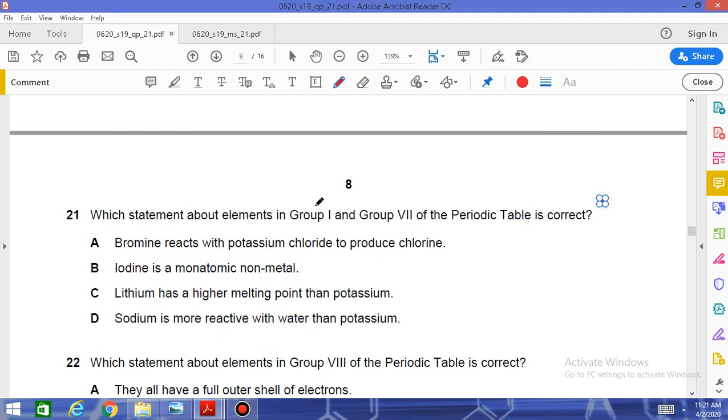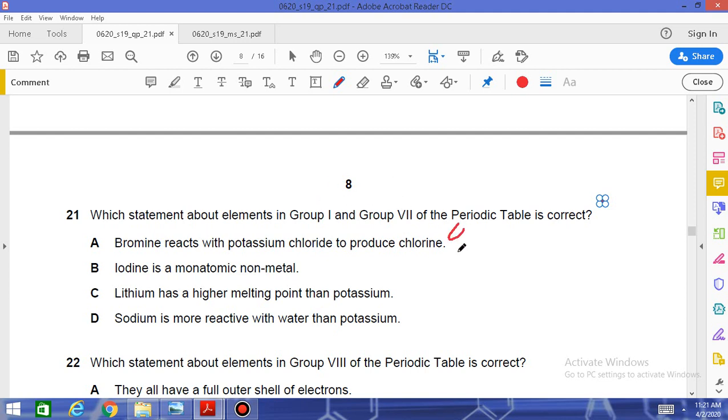Okay, let's try to answer question number 21. Which statement about elements in group 1 and group 7 of the periodic table is correct? Group 1 and group 7.